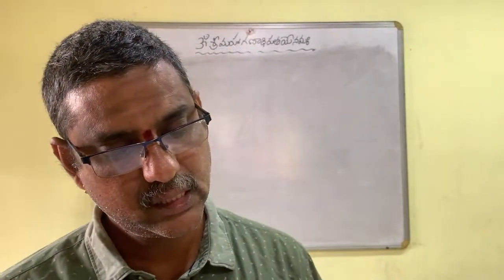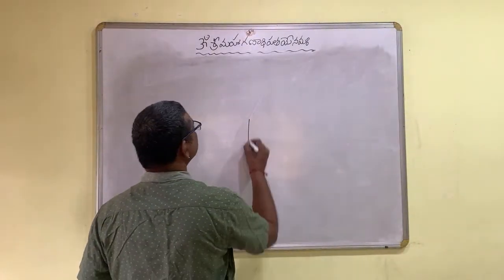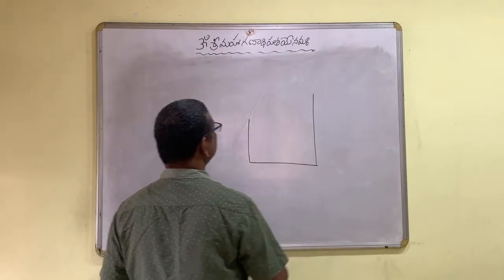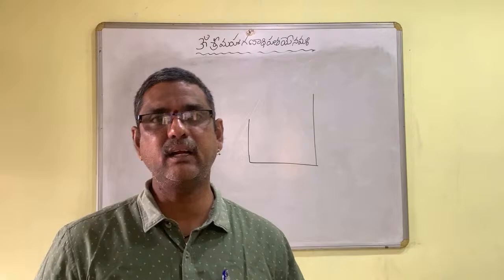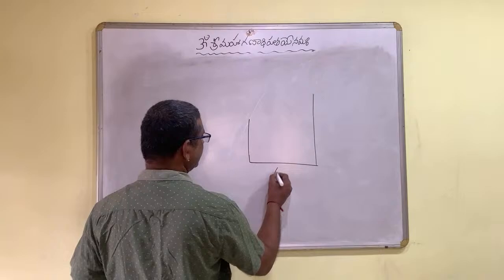Find the height of the first tower. This is the question. There are two towers. The horizontal distance between the two towers is 60 meters. That means this one is 60 meters.